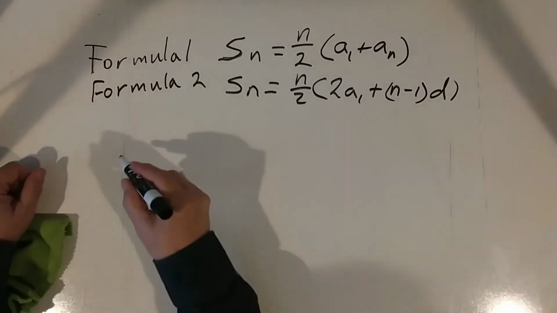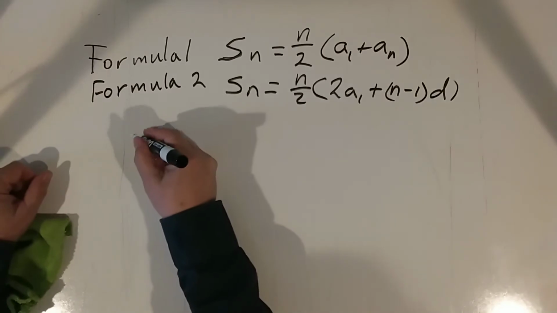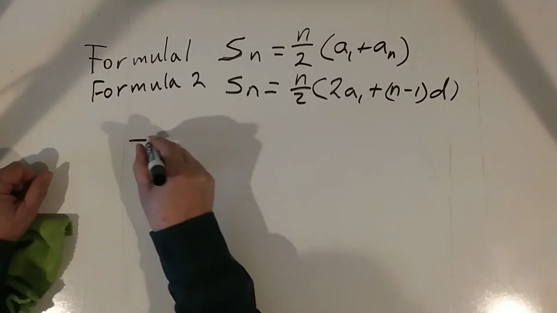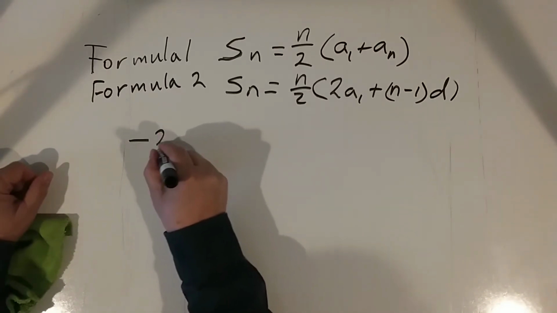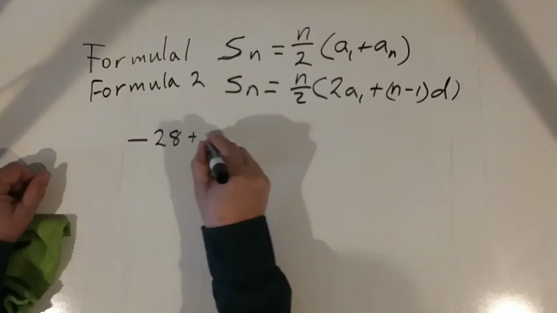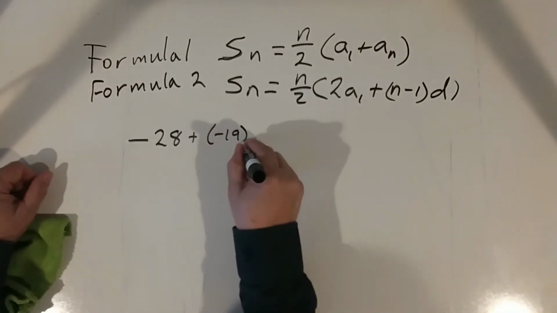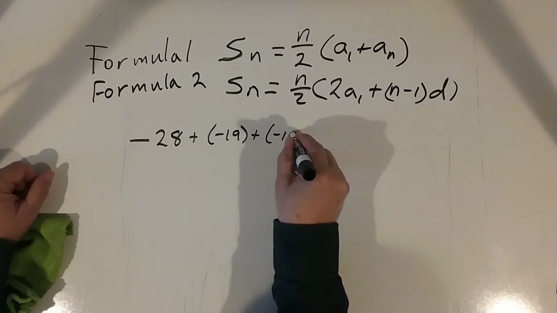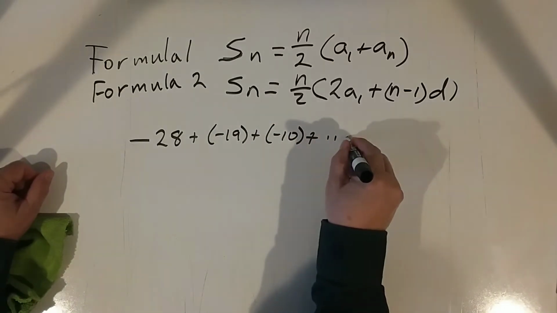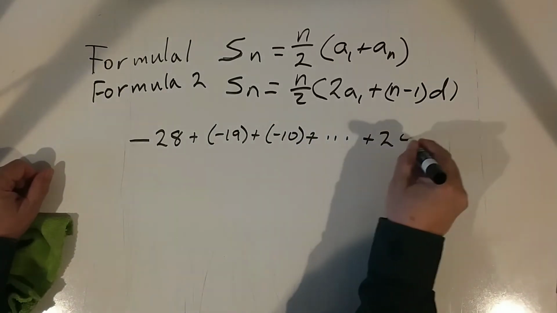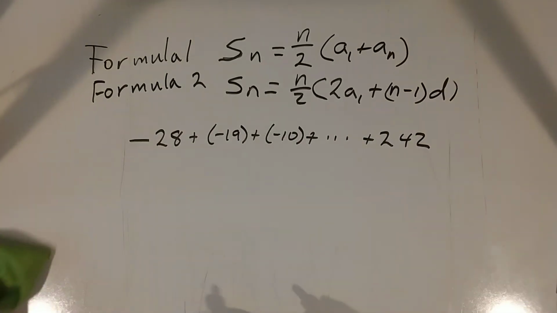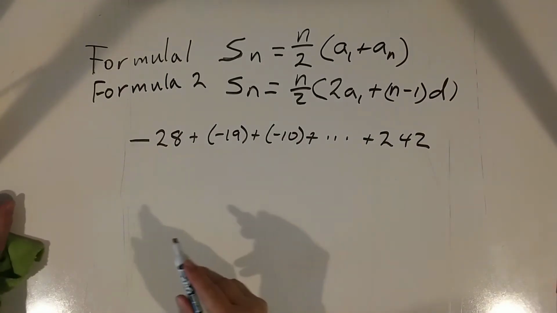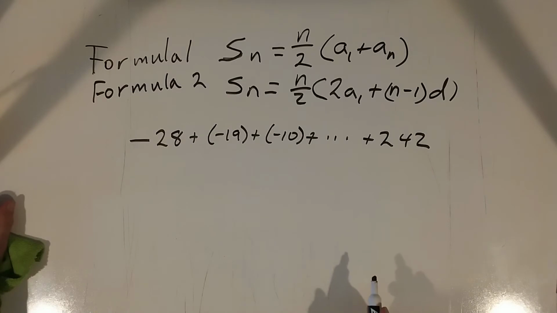Let's find this. Negative 28 plus negative 19 plus negative 10 plus ... plus 242. Here we're supposed to find the sum of the entire sequence.